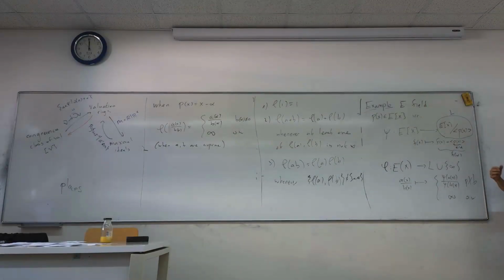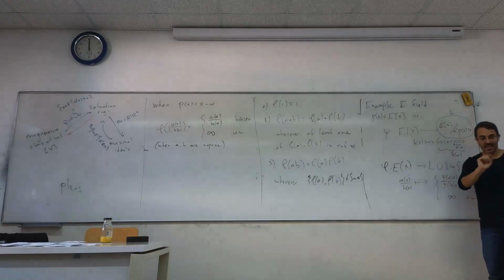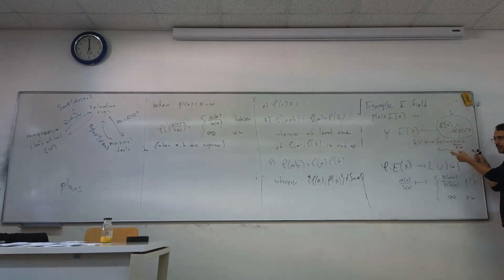So what I'm saying is this place generalizes the notion of a point. All of them generalize the notion of a point, but from this definition you can see it more easily because when P of x, in this particular example, is x minus alpha, it captures evaluation at points, it captures the notion of a point.